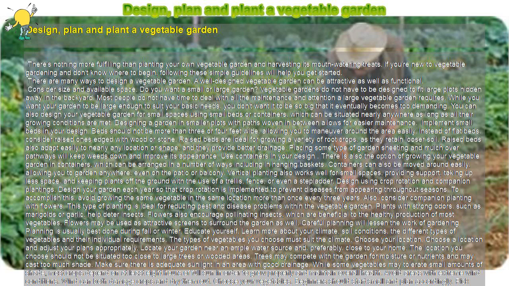Make sure there is adequate sunlight in an area with good drainage. While some vegetables may tolerate small amounts of shade, most crops depend on at least 8 hours of full sun in order to grow properly and maintain overall health.